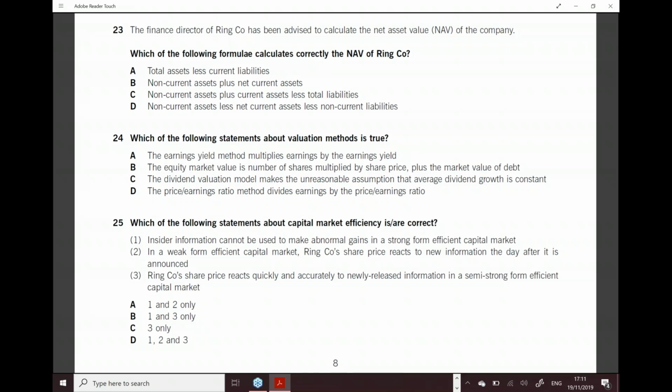Yes. In a semi-strong form efficient market, prices must react quickly and accurately to the release of new information. So that's correct. So we go for answers 1 and 3, which is basically answer B. Right?